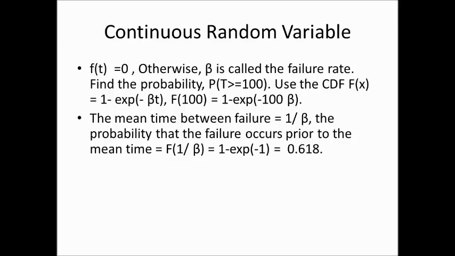The parameter beta is the mean time between failure, the average time between failures. And the probability that the failure occurs prior to the mean time is given by 0.618. That means whatever the mean time for the electronic component, if the time to failure follows this particular exponential distribution, then the probability of a failure prior to the mean time is always about 62%.